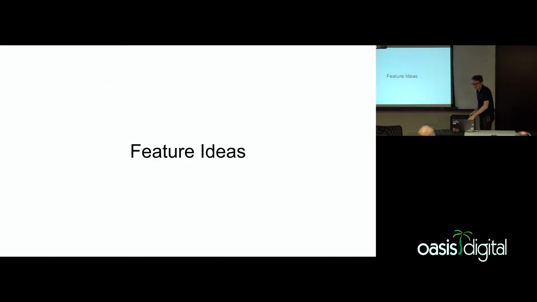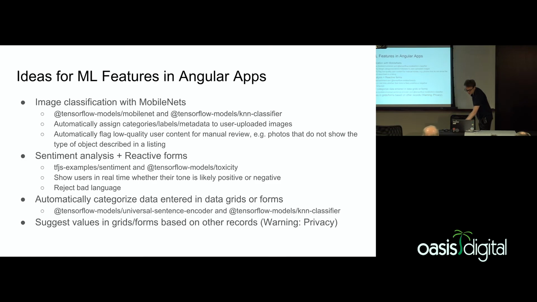So I also came up with a few feature ideas for general front-end applications. This is just stuff that, when I was doing this talk, I was trying to brainstorm different things you could use TensorFlow.js for. So the first one I came up with was image classification with mobile nets. You could combine mobile nets with a KNearest classifier. This is actually my second demo.